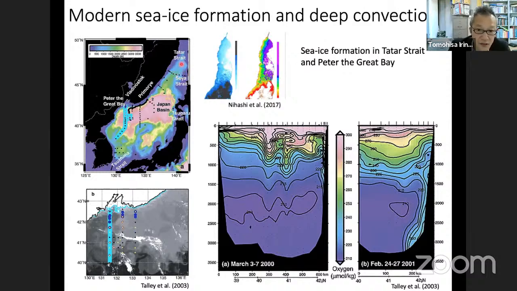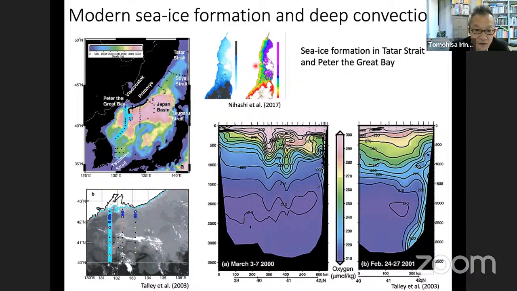It mainly occurs near Peter the Great Bay in this region, and the northernmost part near the Tartar Strait here. And this is the distribution of the thickness of the ice.